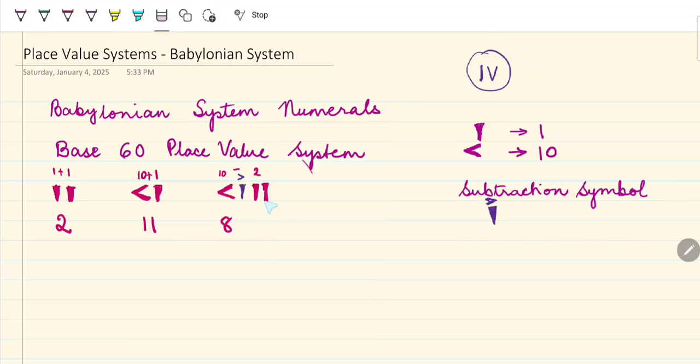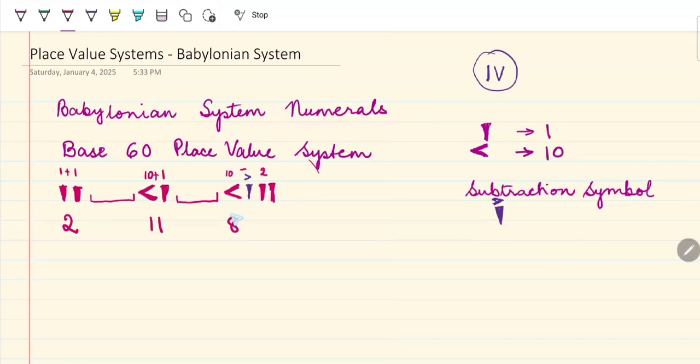Now, think of each of these sets of numerals to be a digit, and they would separate the digits by a space. They would put a space between the sets of numerals, and those would indicate separate digits.